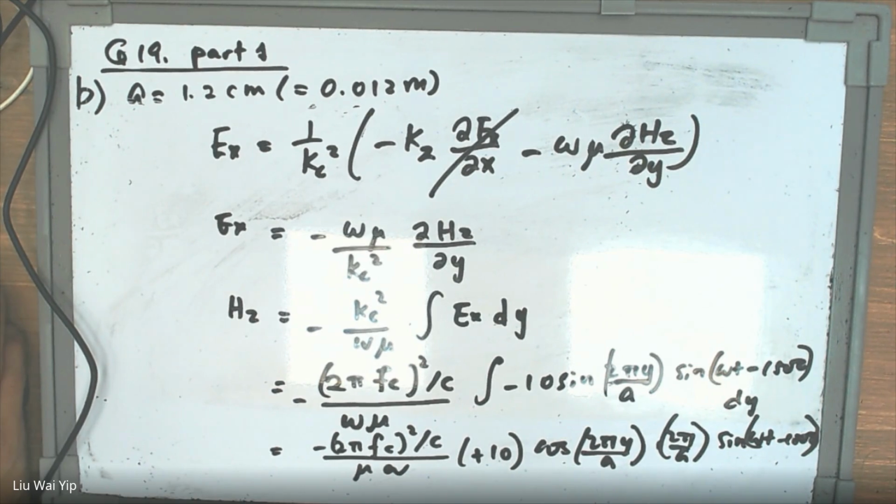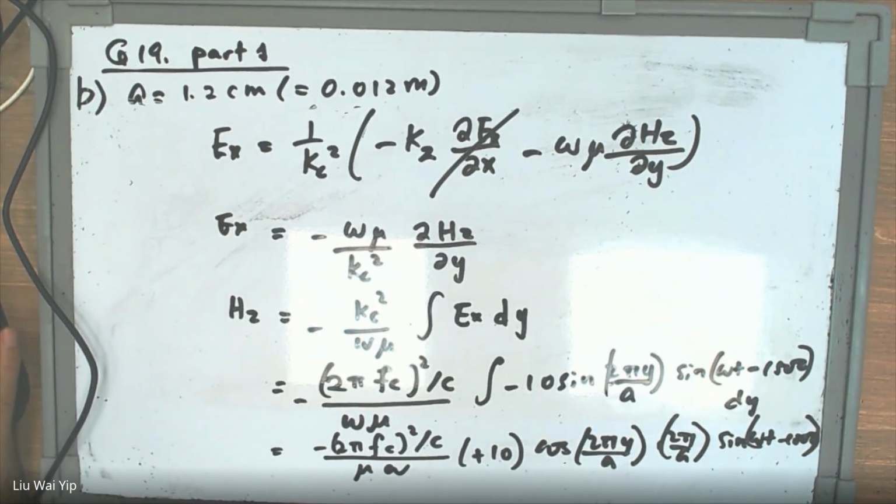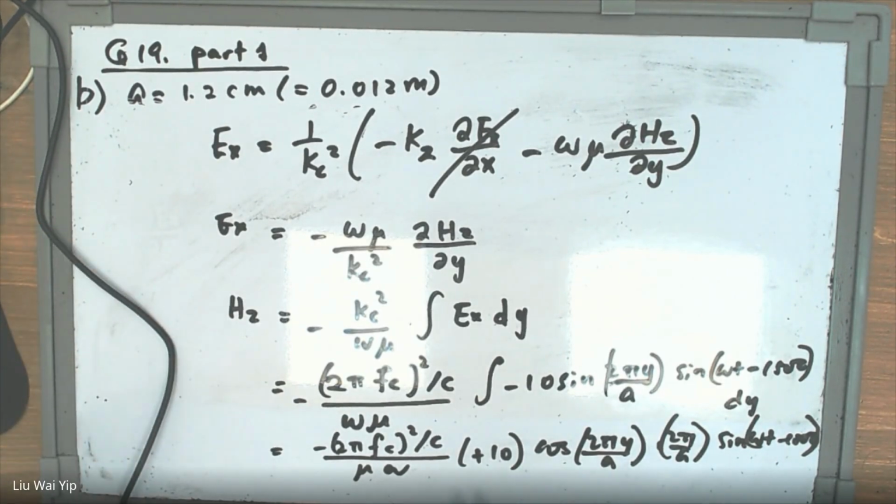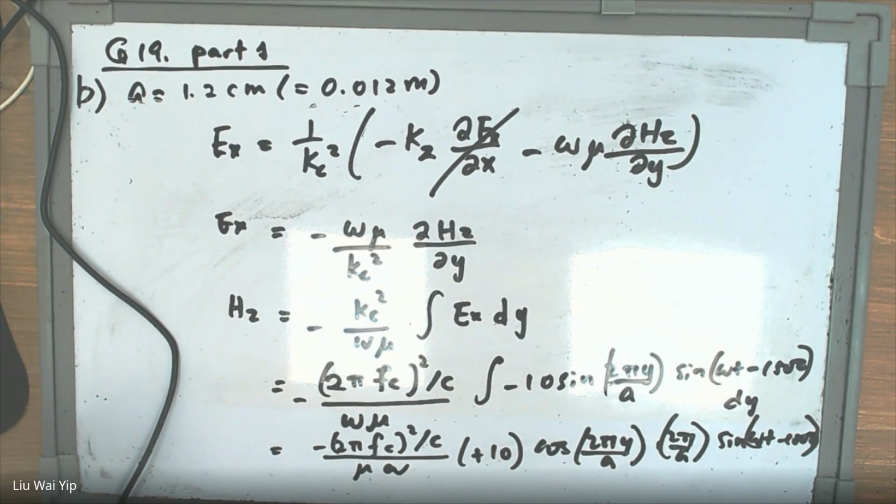So according to the question, h of z should be 25. Yeah, if you calculate the value here, you will get 25. I hope this is what you are going to get. And it's minus, minus, minus.